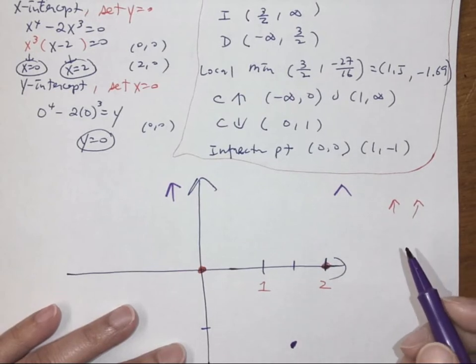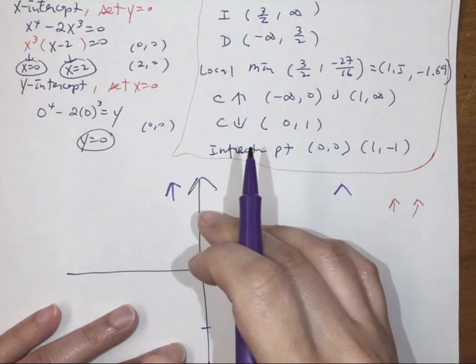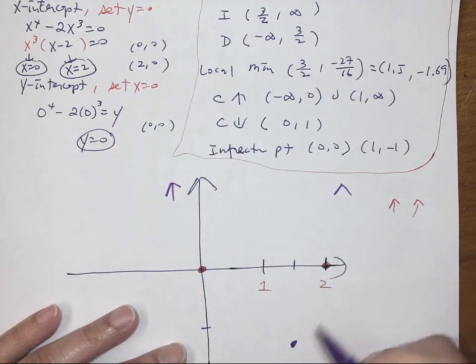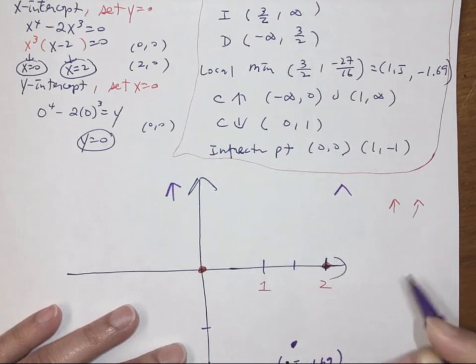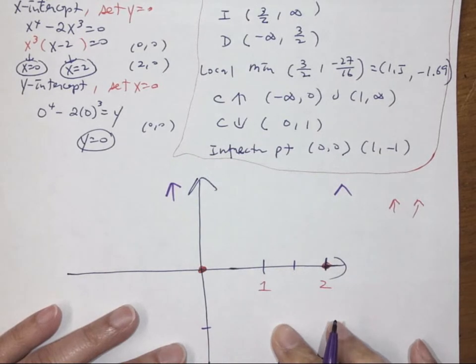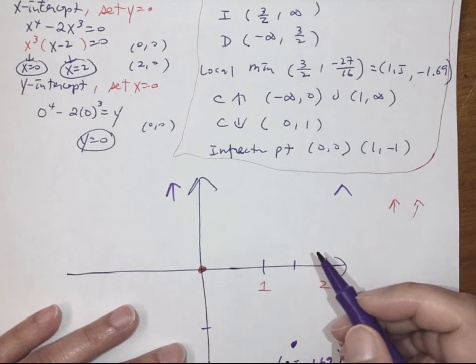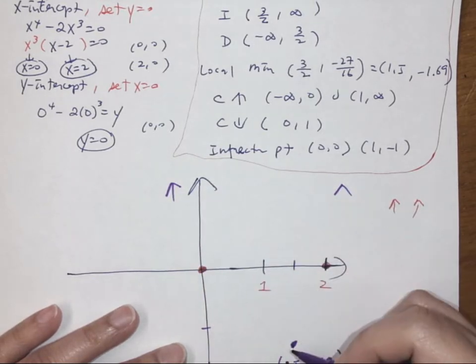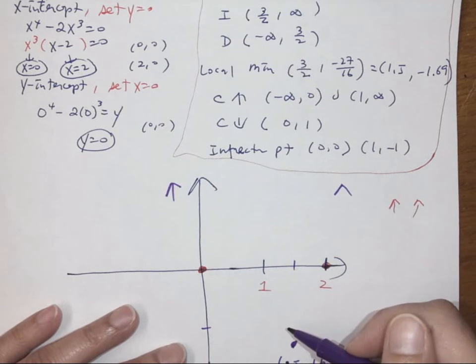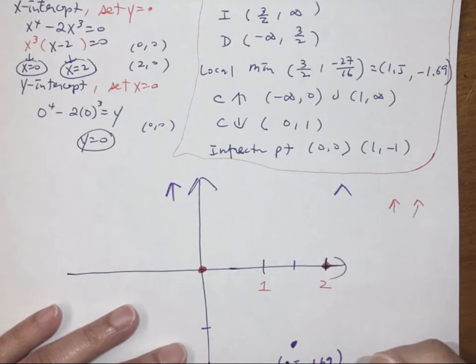So I know it's decreasing from negative infinity until here, so this point is my positive 1.5 and negative 1.69. So it goes down continuously, but concave down is between 0 and 1. So even though it goes down continuously, concave down, this is the local minimum.